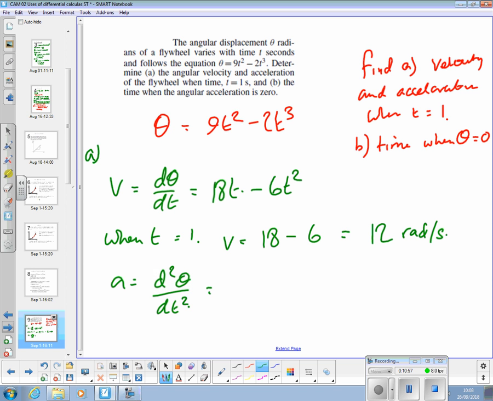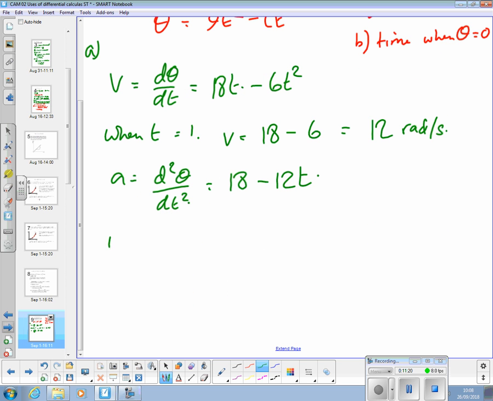Differentiate 18t, differentiate minus 6t squared. When t equals 1, a is equal to 18 minus 12 equals 6 radians per second squared.